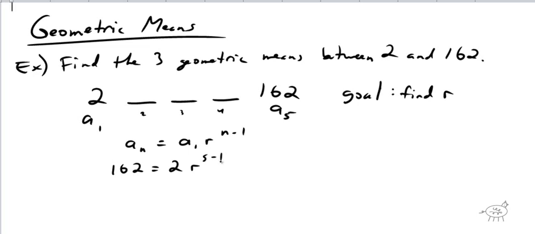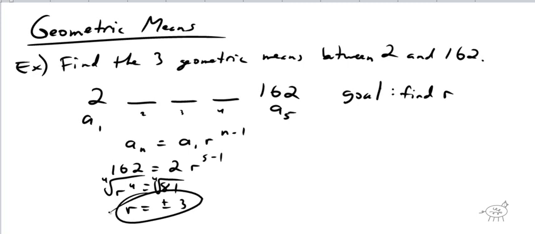Okay, so we divide by 2, and we get r to the 4th equals 81, and because this is an even root, we get what? Well, the 4th root of 81 is 3. 3 times 3 is 9, times 3 is 27, times 3 is 81. Okay, so it's plus or minus 3. Very important, because now when I get my answer, I have two sets of answers.